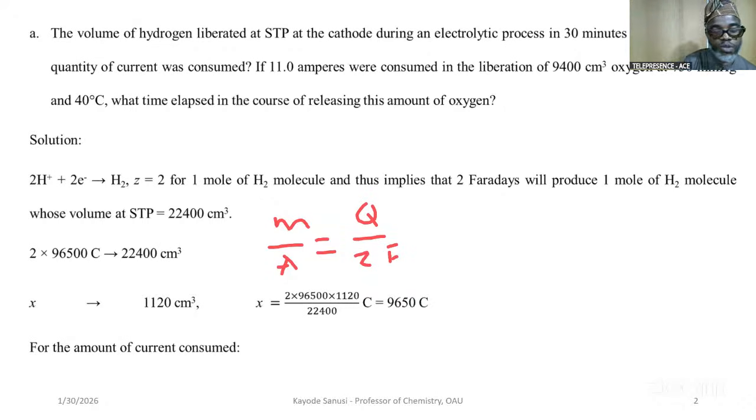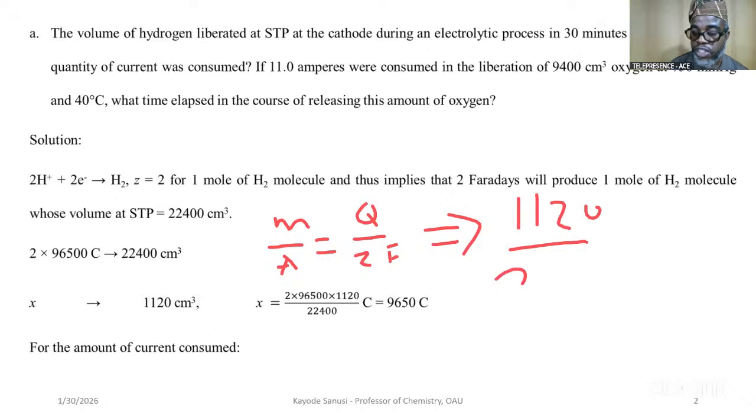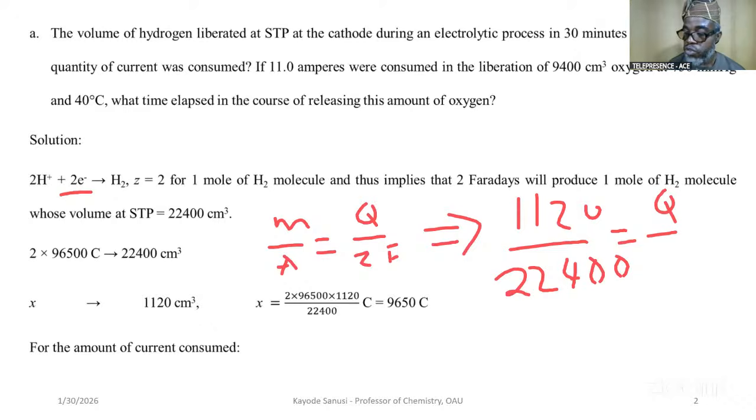We are not going to be talking about mass now, because what we were given is volume. We were not given the mass, so we cannot relate mass and volume. Invariably, we can relate volume and the molar volume of hydrogen, which is 1120 over 22,400, which gives Q over ZF. The Z is 2 according to this equation, and F we know is Faraday's constant, 96,500. So we can obtain our Q from there. All right, and that is exactly what we have done.